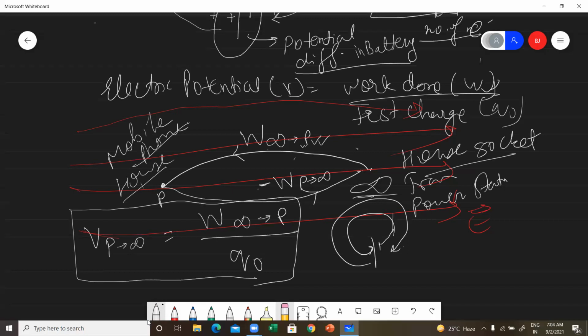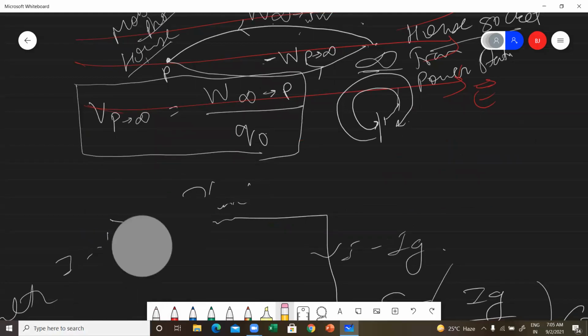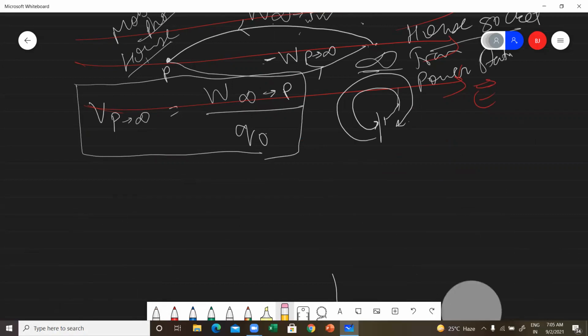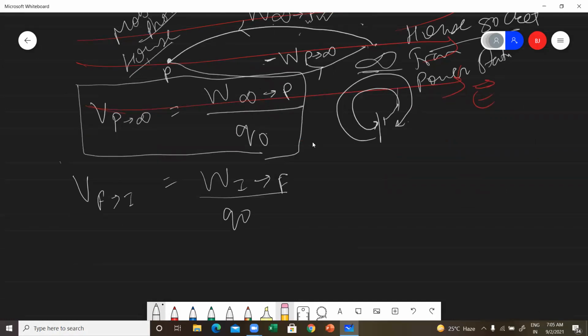So to write it down, our funda should be simple. Potential from final to initial is equal to work from initial to final divided by the test charge. Like this, you have to remember.